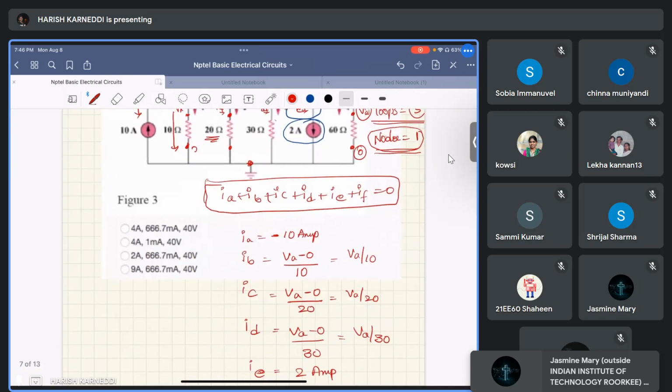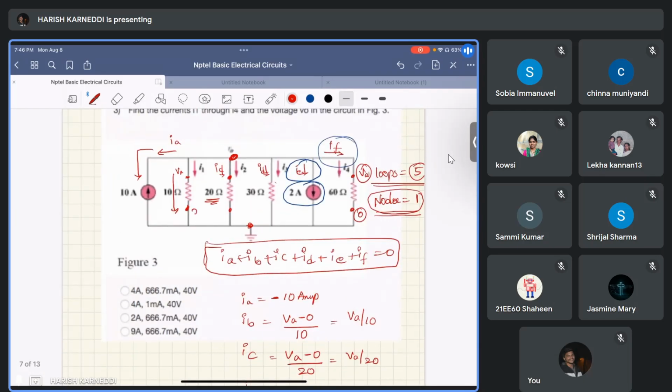I1, in the sense this is I1, we represented with IB, right? That IB equal to VA by 10, we represented like this.